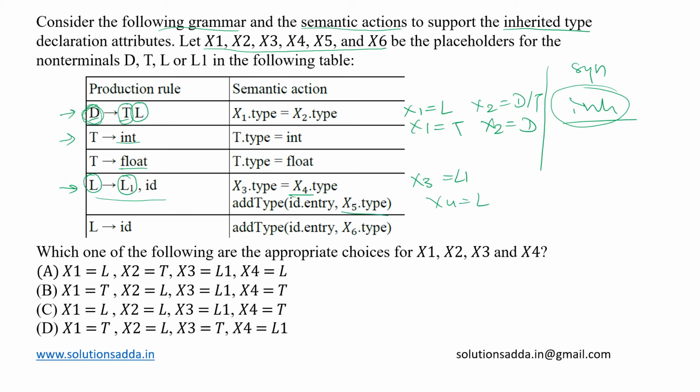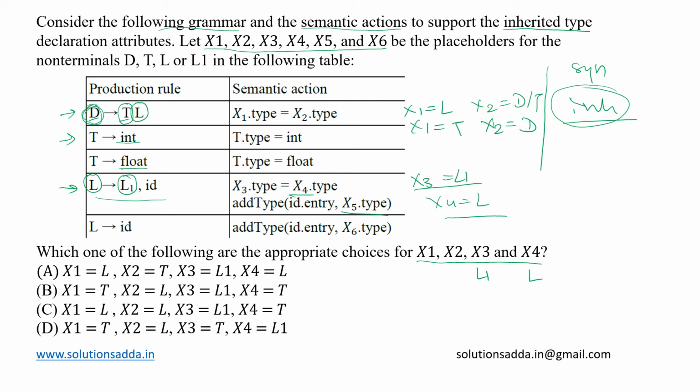And this x5 can be L1 again. We are not concerned with it since we are asked only for the values of x1 to x4. So x3 will definitely be L1, x4 will be L, and for x1 and x2 we are having choices.